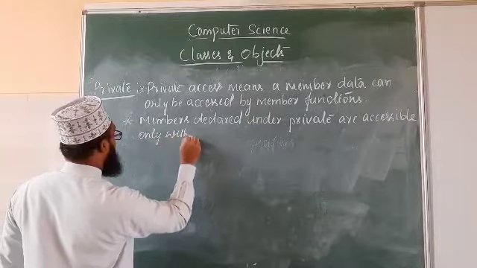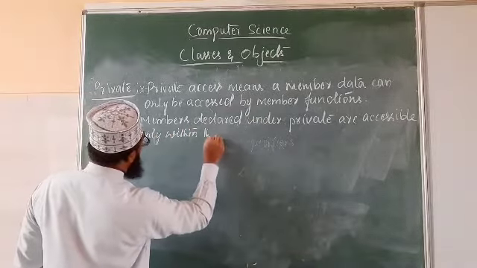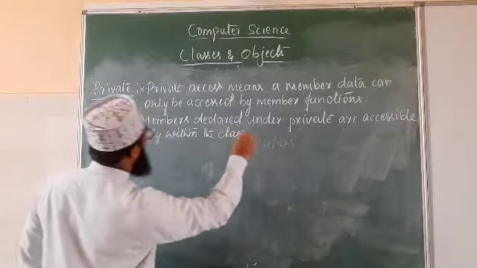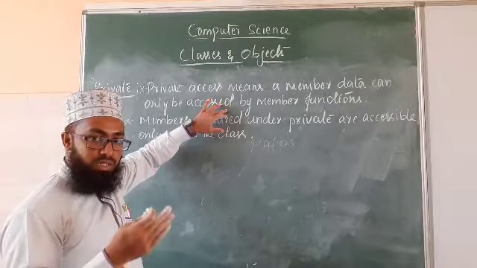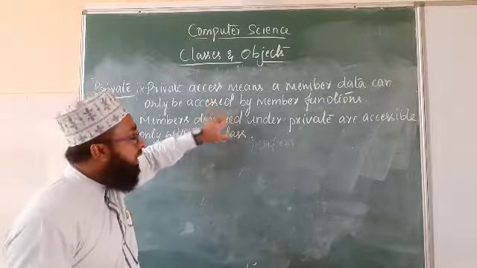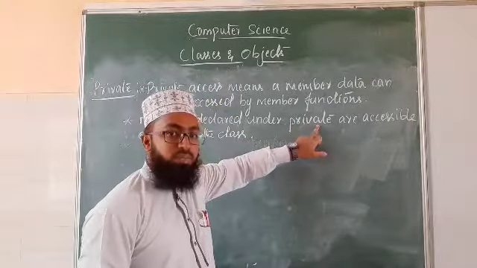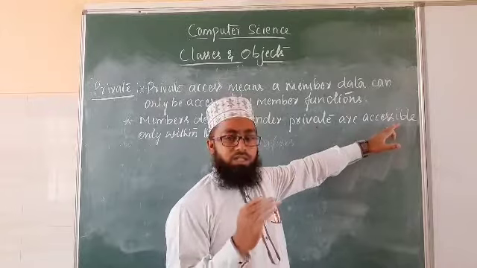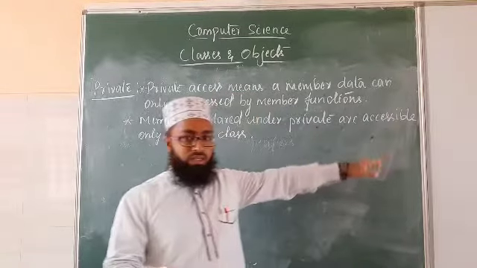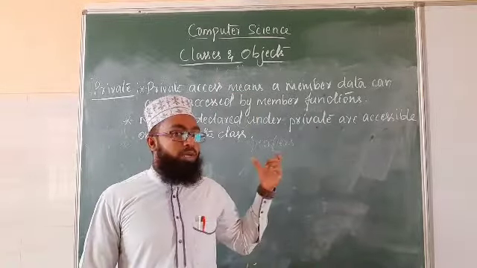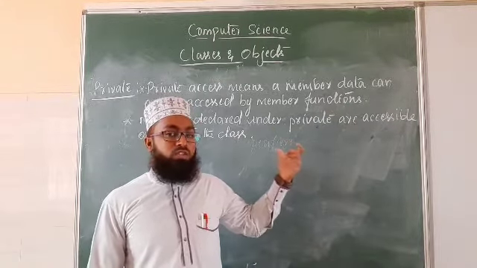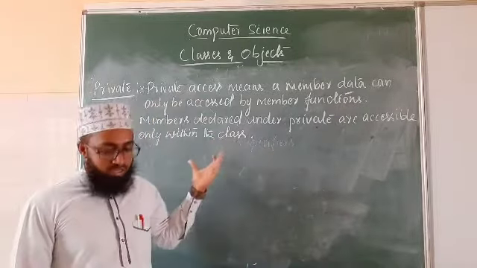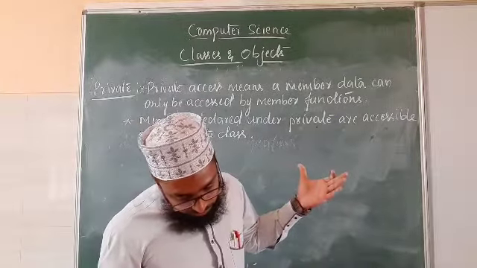Here the data members that are used under the private access specifier are only accessed within the class itself, and they cannot be taken or accessed outside the class. So this is called the private access specifier.